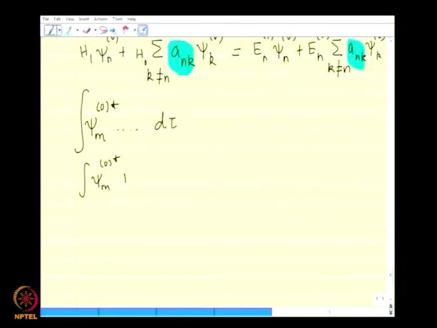integral psi m0 star H1 psi n0 d tau plus integral psi m0 star H0. So let me just write this by taking the coefficients and the summations out.